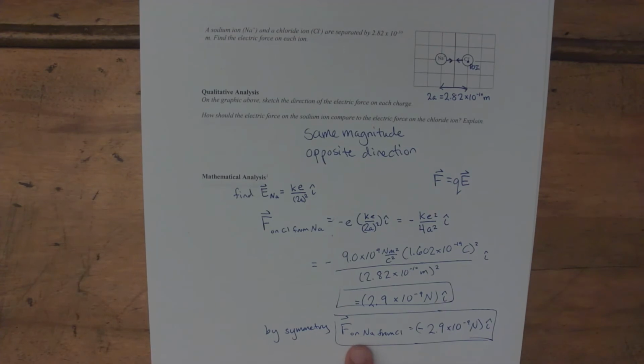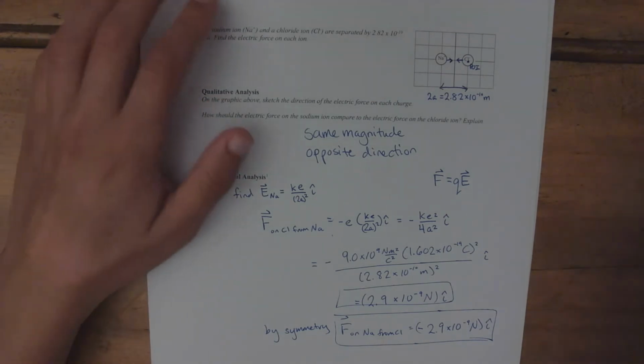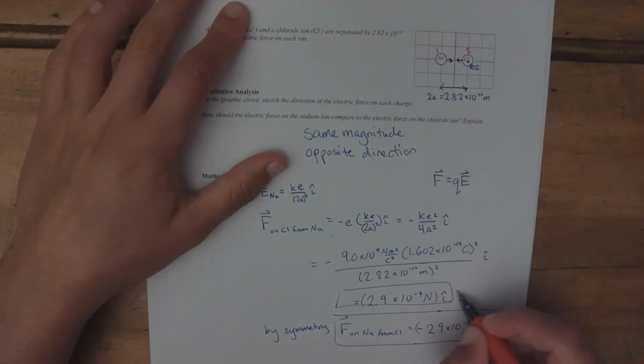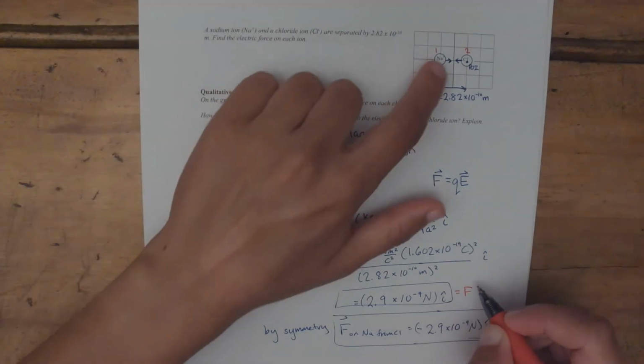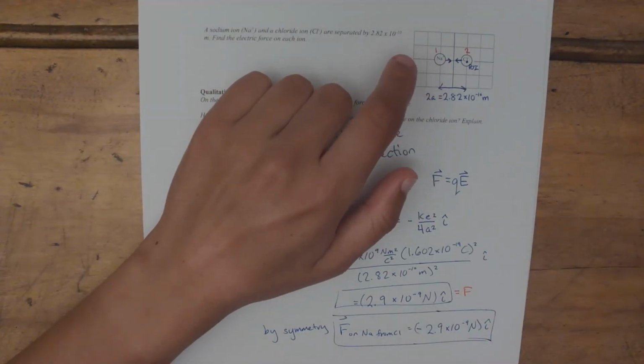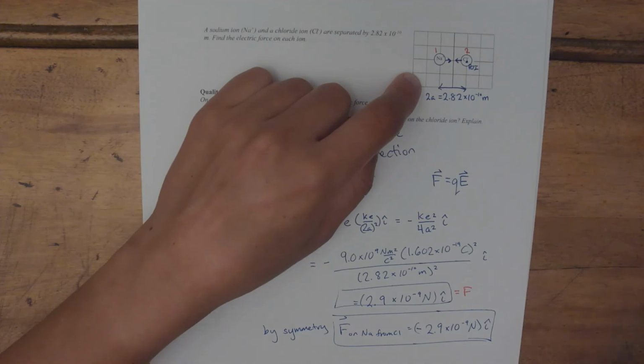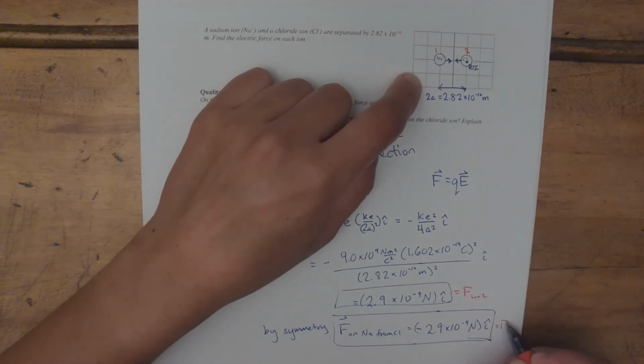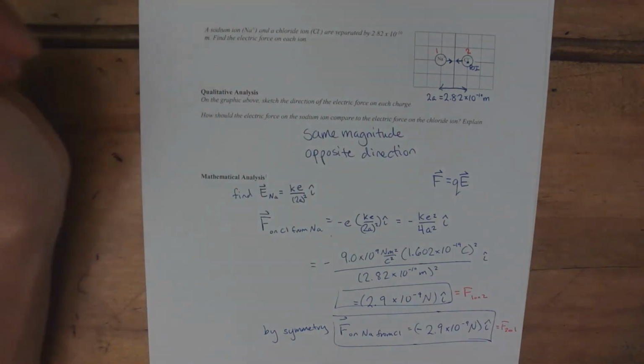That was a rather cumbersome way to label the force. Maybe a better way would be to call this charge 1 and this charge 2, and then this would be the force that 1 exerts on 2, and this would be the force that 2 exerts on 1. So that might be a better way to do it.